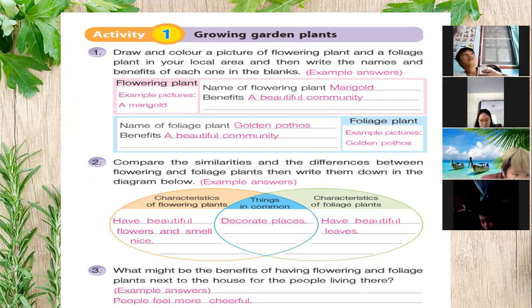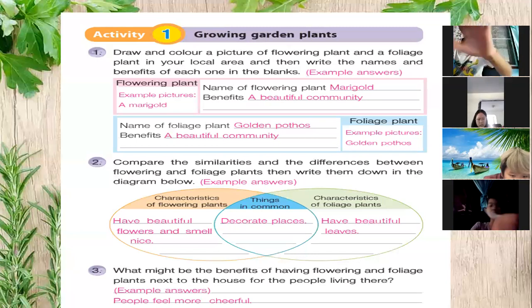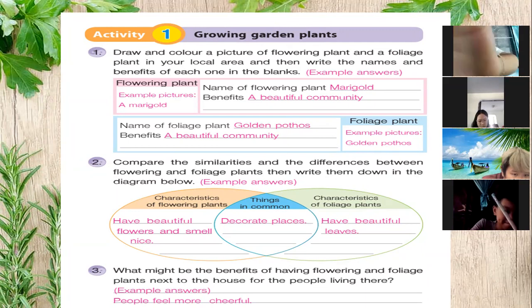So around you, in your house or in your local area, if there are foliage plants or flowering plants, you can write down the name, what type of plants you have in your local area, or a flower, you can just write the name.